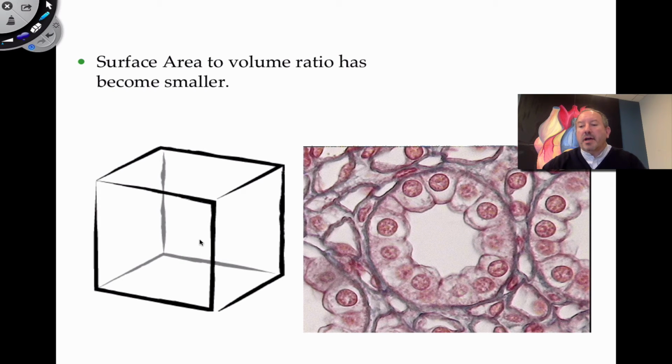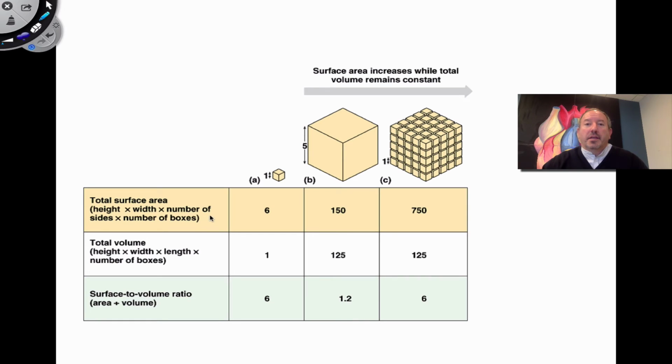And so, you know, you could say, well, the small cell is going to have a better surface area to volume ratio than the big guy. And you're like, okay. But you still want to have, for example, a larger organism with a larger volume. But you could solve this problem by having a large organism be composed of small individual cells.